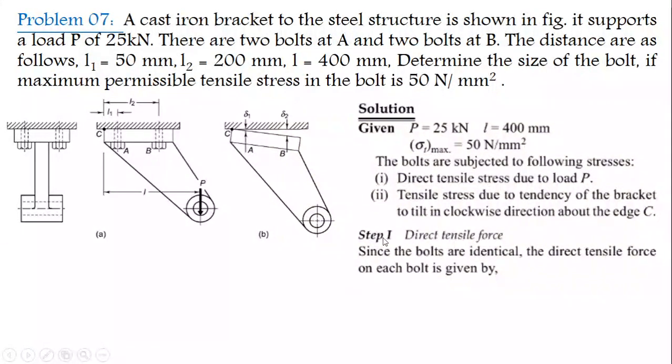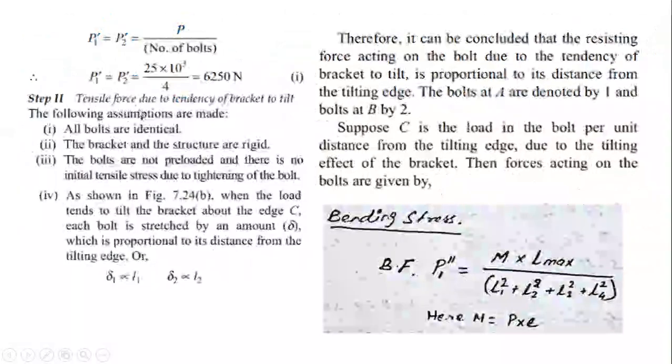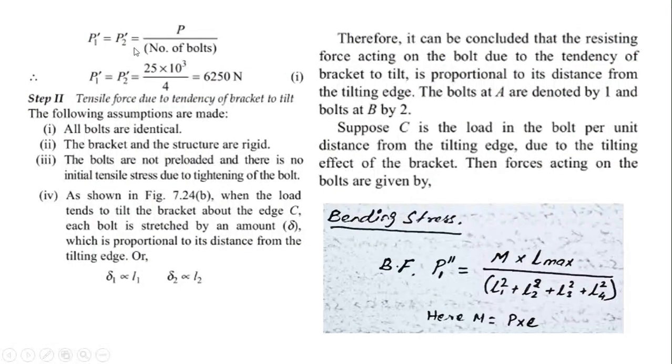Okay, step 1: direct tensile stress or tensile force. Since the bolts are identical, the direct tensile force on each bolt is given by P1 dash equal to P2 dash equal to P divided by the number of bolts in this arrangement.